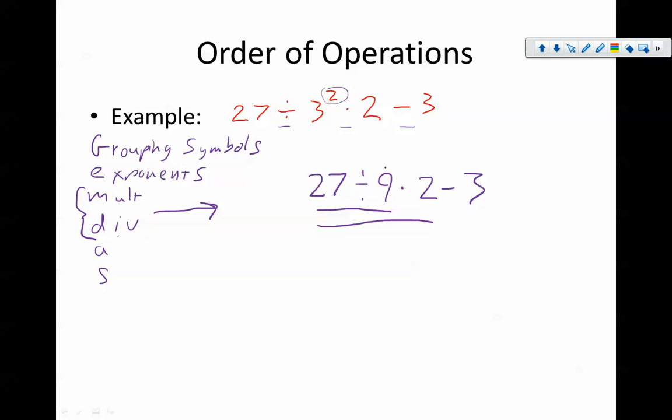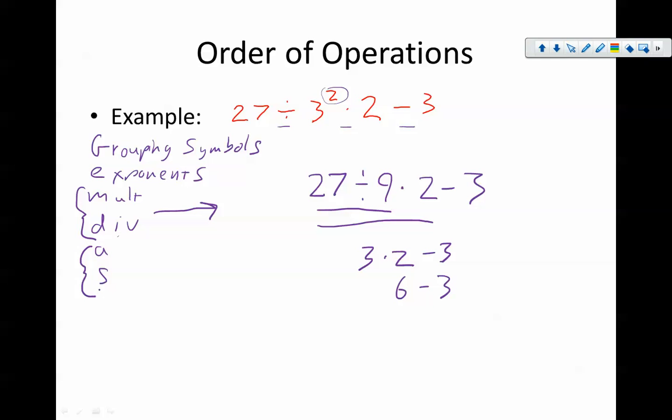So 27 divided by 9 makes 3 times 2 minus 3, which is 6 minus 3. Notice that if I did the 9 times 2 first, I'd have 27 divided by 18, which is 1 point something, a fraction. That does not give me the same thing. So the order does matter. I do it left to right.